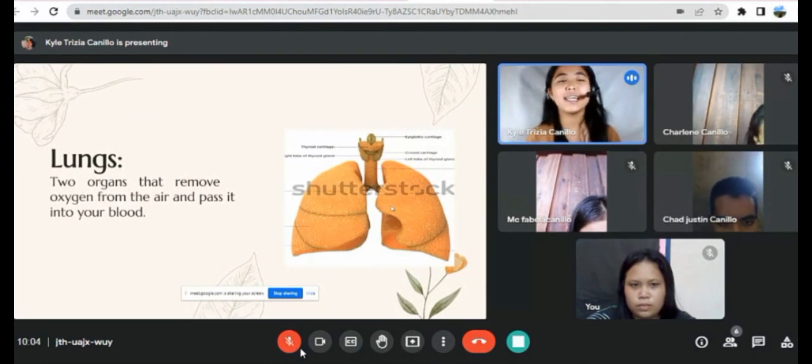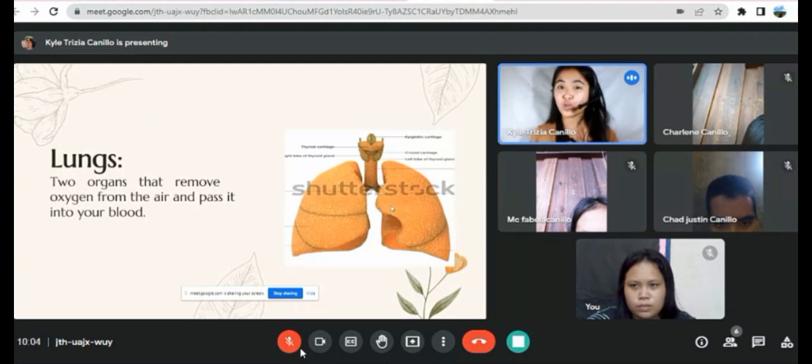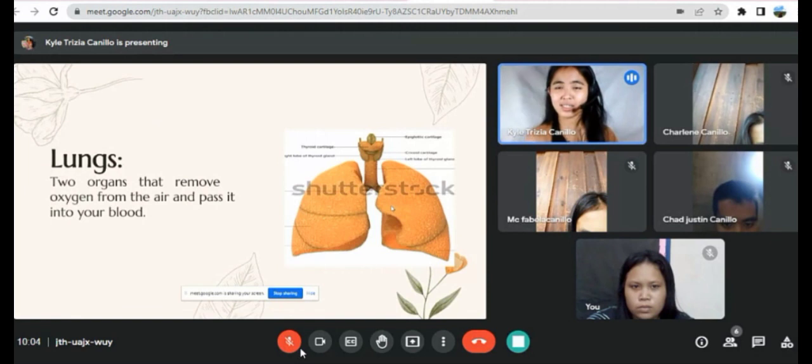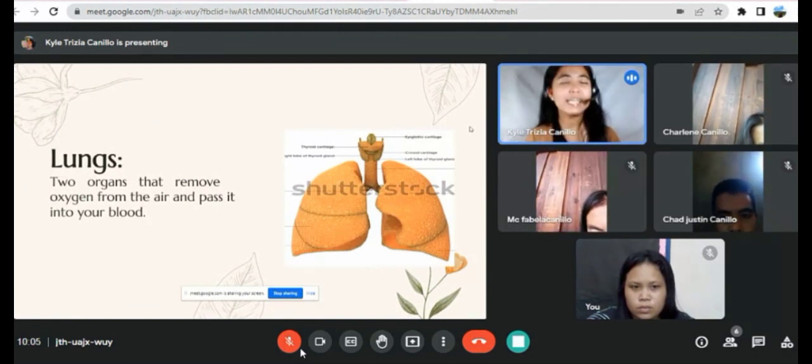This is the lungs, the two organs that remove oxygen from the air and pass it into your blood. This is where the exchange takes place between oxygen and carbon dioxide. This is the main organ of the respiratory system.